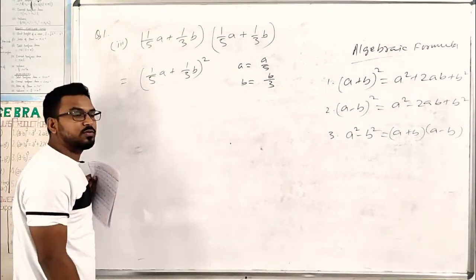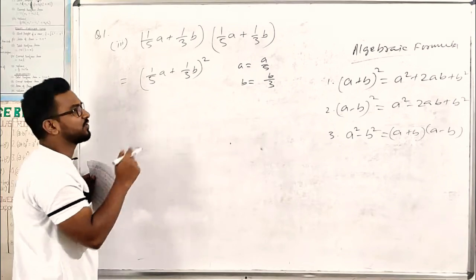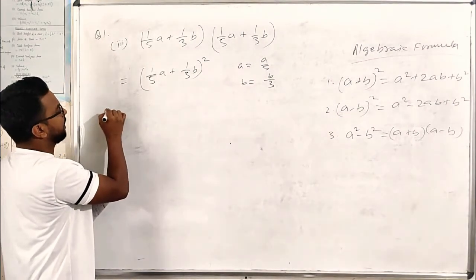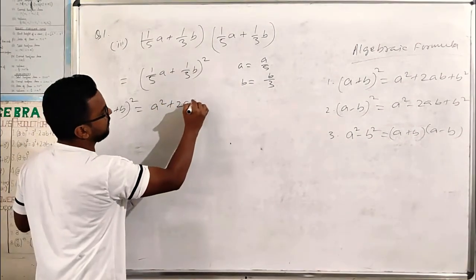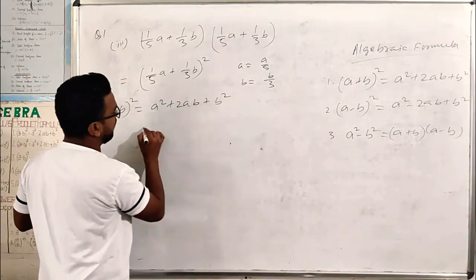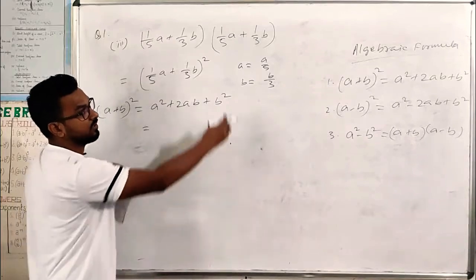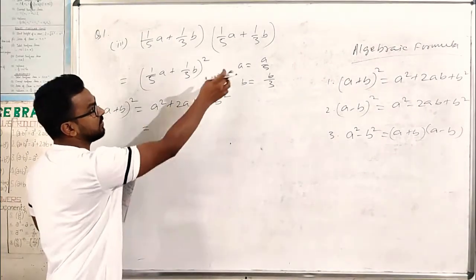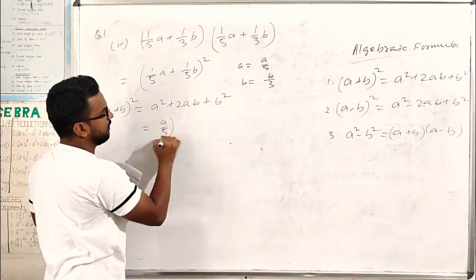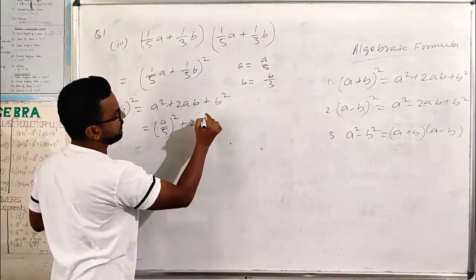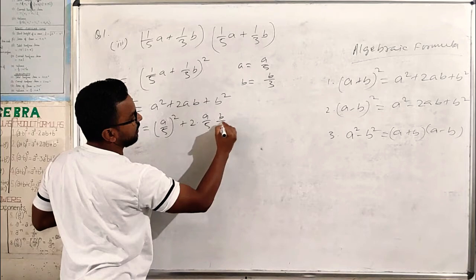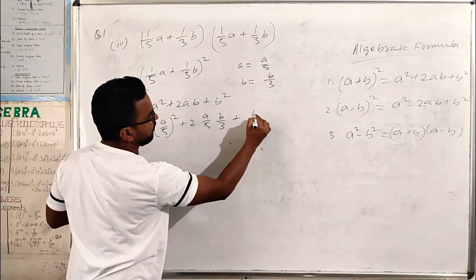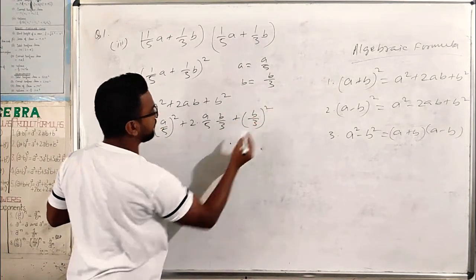Now which formula will we be using? We will be using the first formula, a plus b whole square equals a square plus twice ab plus b square. Now you just replace the values of a and b. Instead of a we write a by 5 whole square plus twice a by 5 into b by 3, plus b by 3 whole square.